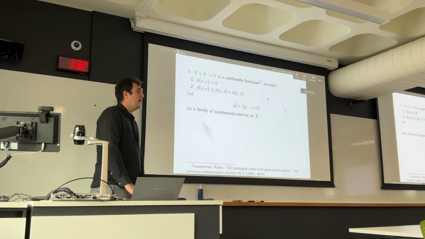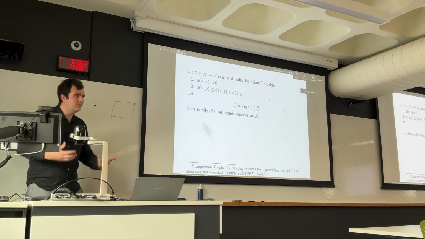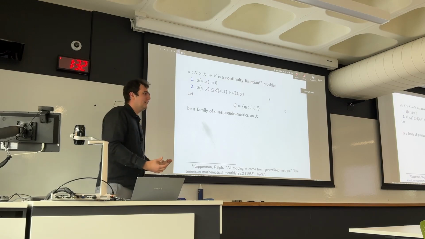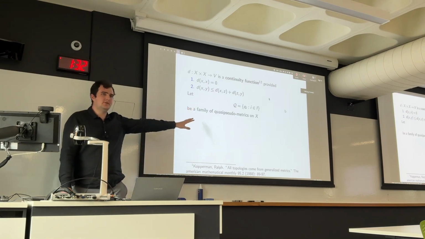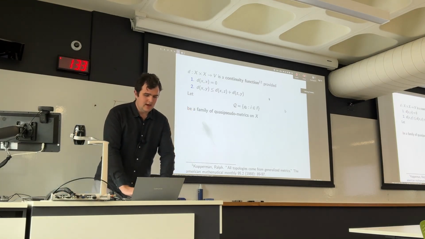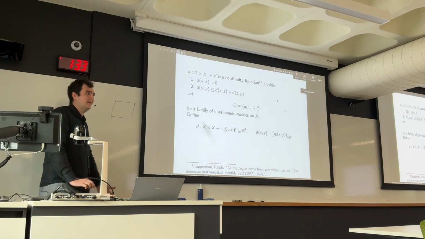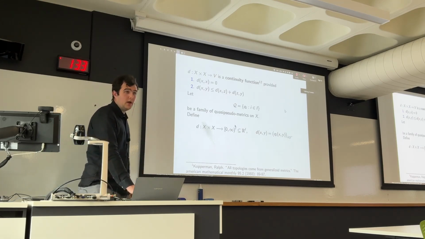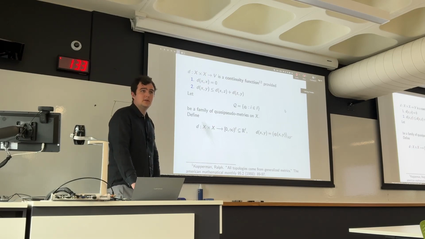And so we can just combine together all these quasi-pseudometrics we generated into one big object. We start off with the quasi-pseudometrics we had before, and then we can combine them all together into one object that maps into [0,∞]^I, with I indexing your quasi-pseudometrics.